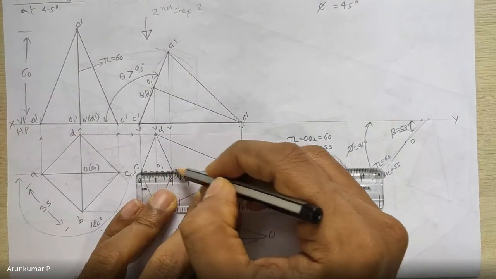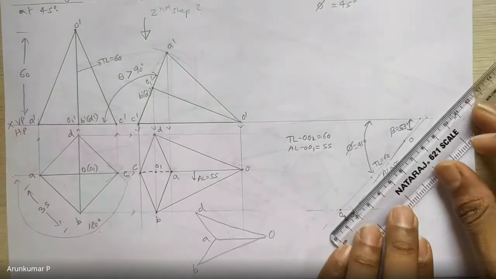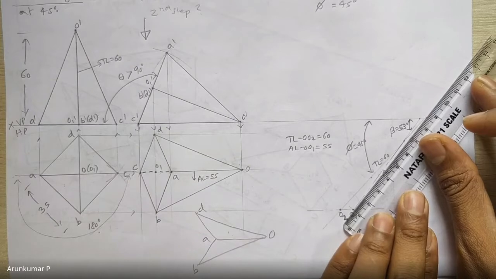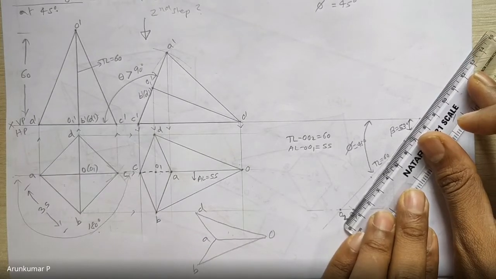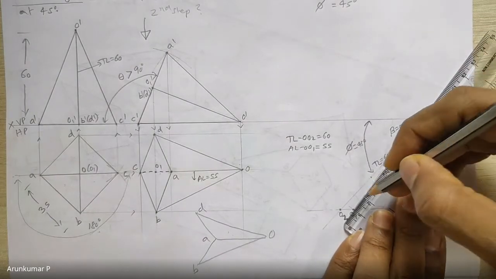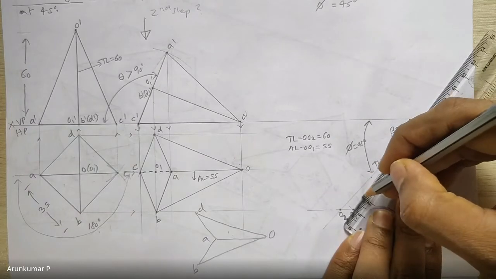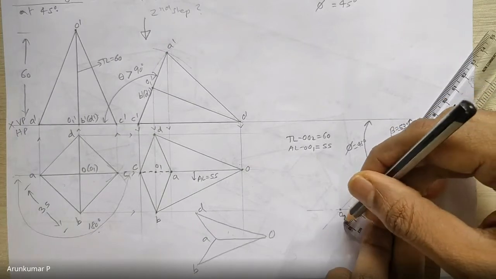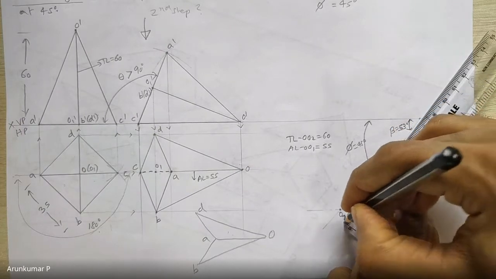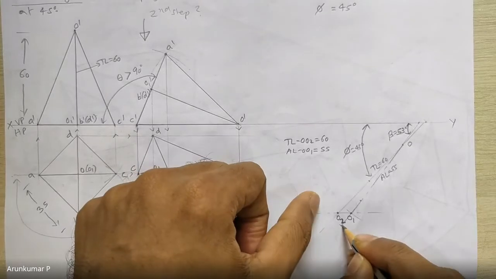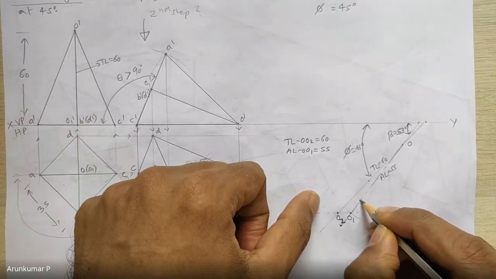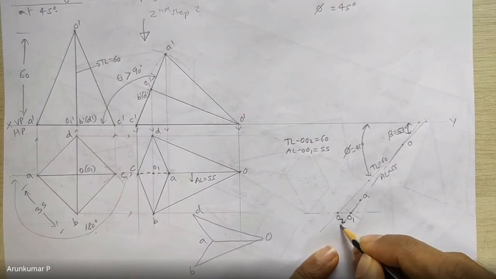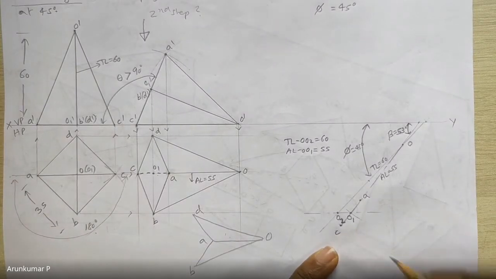So what I'll do is keep the center here at O1, and I'll locate a point here 10 mm up and 10 mm down. So this is one point, this is the other point. This point is on top, so this is A, this point is C.